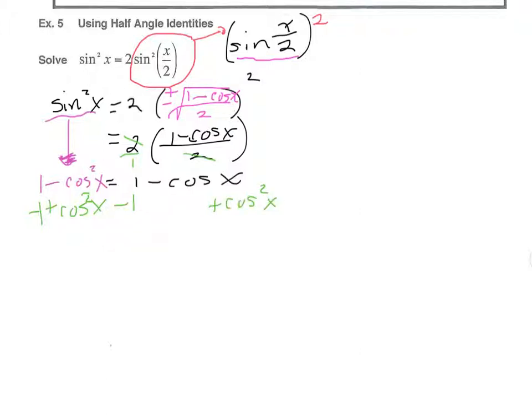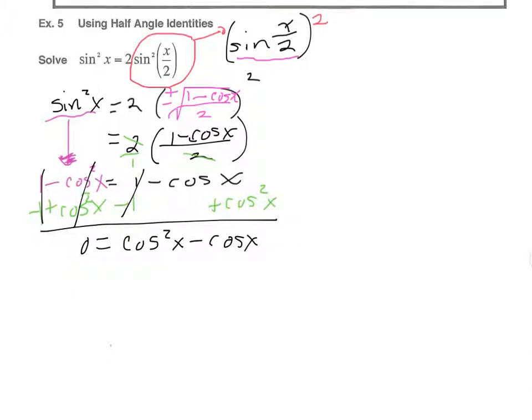Bearing in mind that the cosine of x and the cosine squared of x are not like terms, so you cannot combine those. So I end up with these canceling on the left, and I have a 0 on the left equals. The 1's on the right cancel, and I want my cosine squared coming first, so cosine squared of x minus the cosine of x.